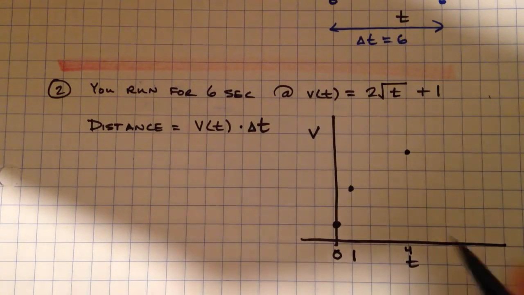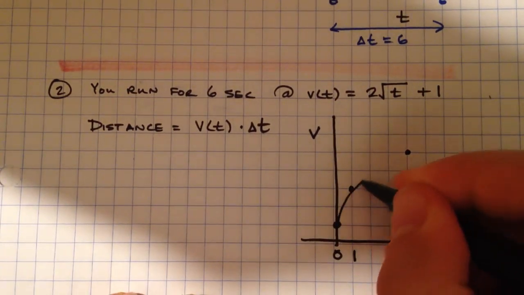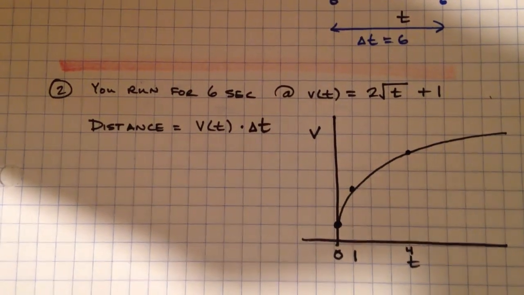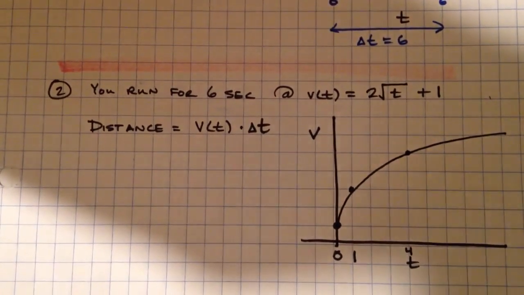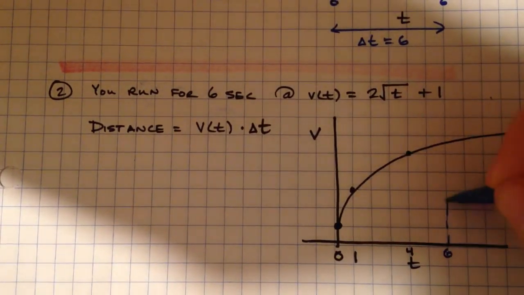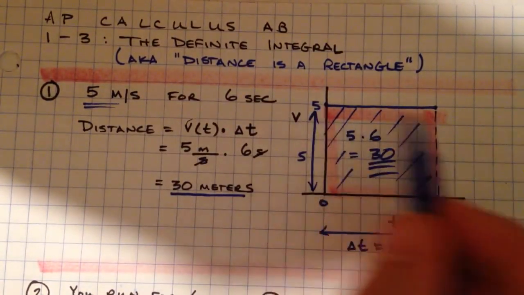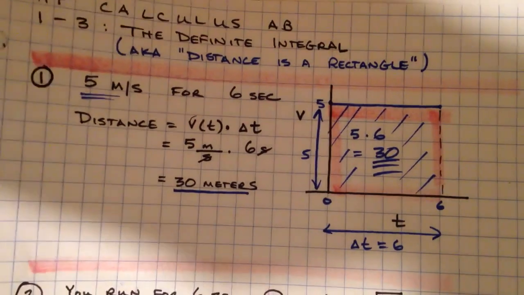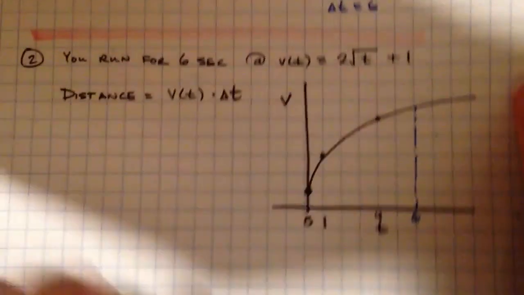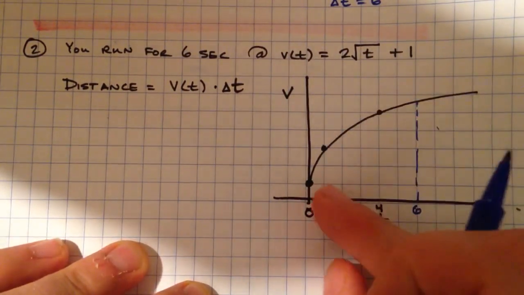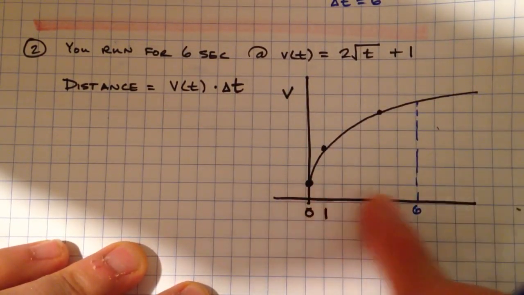And so our graph is going to look something like this. Now, here's time 6. And just like in the last problem, where the area underneath our horizontal line gave the distance, the area under our curve is going to give us the distance because this is velocity multiplied by time.